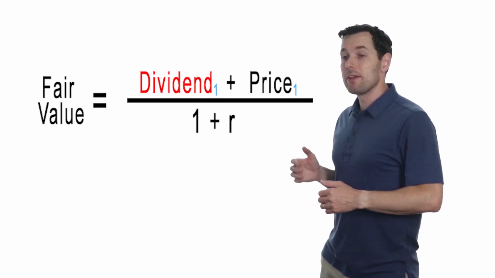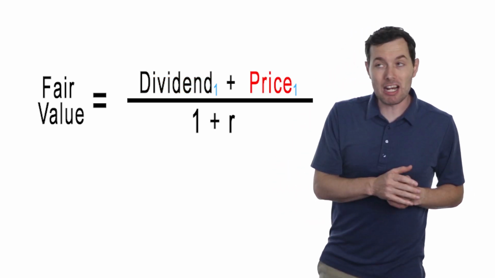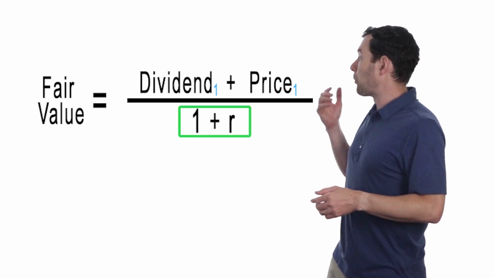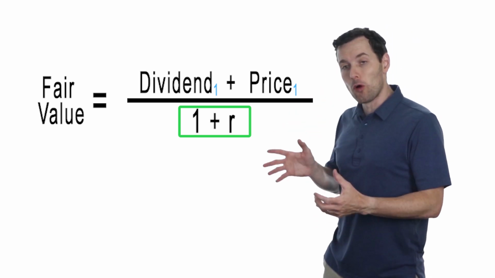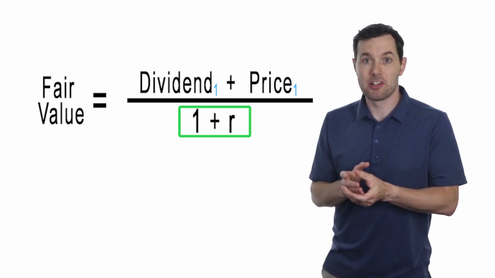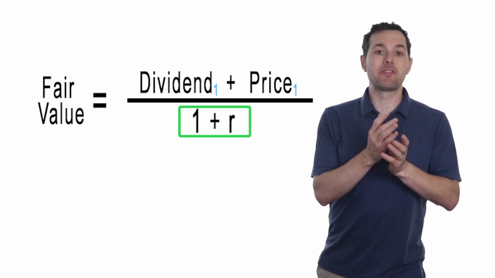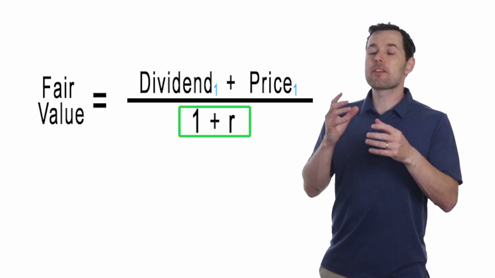D1 is next year's dividend. P1 is the price we expect to sell the stock at next year. And then we divide that by 1 plus R. R is our required rate of return. This version of the formula doesn't do a whole lot for us when it comes to valuing a stock, but it can do a good job of illustrating how the dividend discount formula works and the theory behind it.